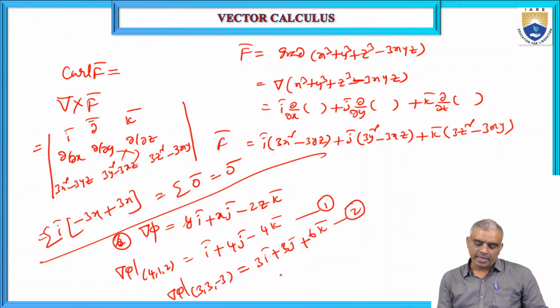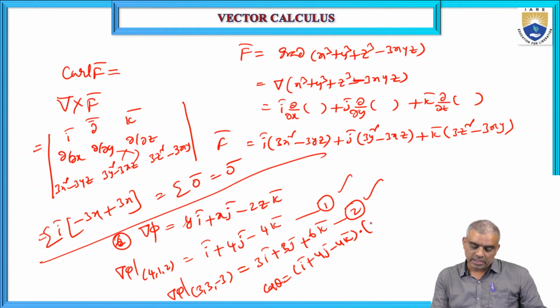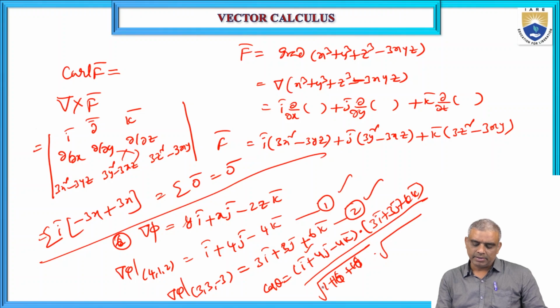Then what is to be calculated? The angle between the two surfaces. The formula is cos theta equals grad phi 1 dot grad phi 2 divided by their magnitudes. grad phi 1 is i bar plus 4 j bar minus 4 k bar, and grad phi 2 is 3 i bar plus 3 j bar plus 6 k bar. The magnitude of the first is root of 1 plus 16 plus 16, which is root 33. The second is root of 9 plus 9 plus 36, which is root 54.